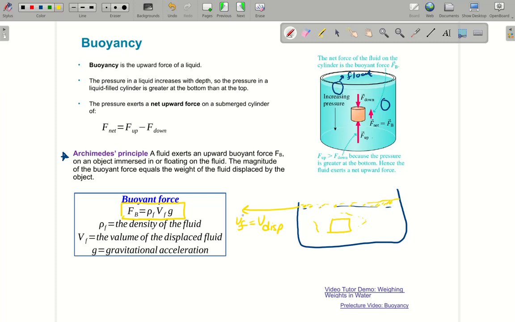It's just the amount of fluid that is displaced. That's the volume we're looking at. Now we can easily define that. If I am submerging something totally into the fluid, the volume of the thing I'm submerging is equal to V displaced. Or if I'm submerging only a part of it, that's how much fluid will be displaced. So we will be able to define the volume of the fluid that is displaced easily.